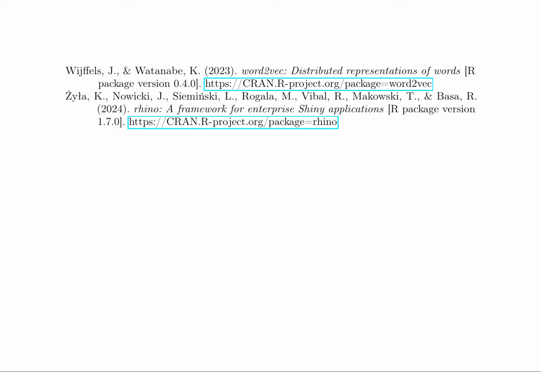In the realm of natural language processing and enterprise Shiny applications, two pivotal R packages have emerged as essential tools: Word2Vec and Rhino. Word2Vec, a distributed representation of words, has been widely utilized in various NLP tasks, with version 0.4.0 being a crucial milestone in the current research landscape.